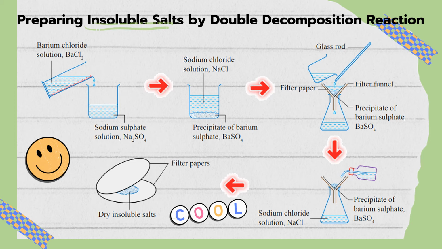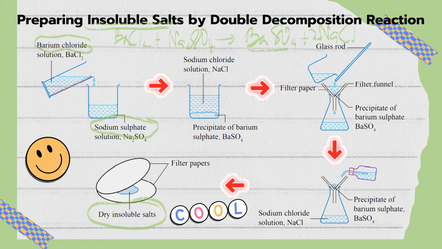Let's say if here they use barium chloride and sodium sulfate, the salts produced are barium sulfate and sodium chloride. Sodium chloride is always a soluble salt. So the insoluble salt we want to produce now is barium sulfate.